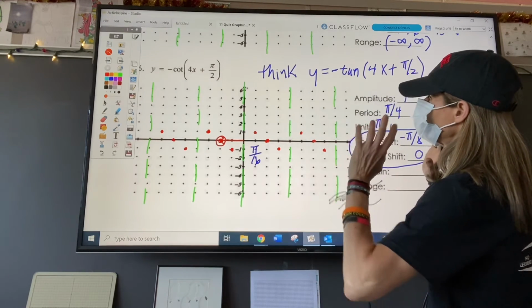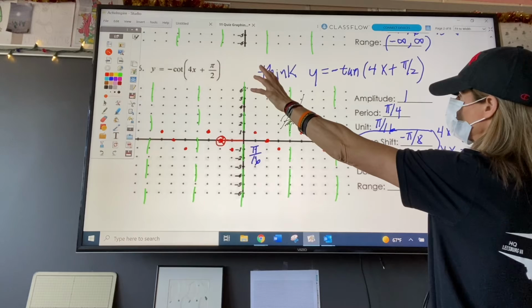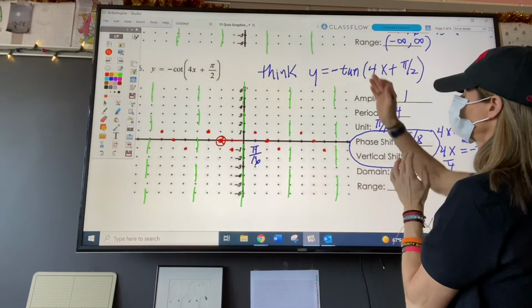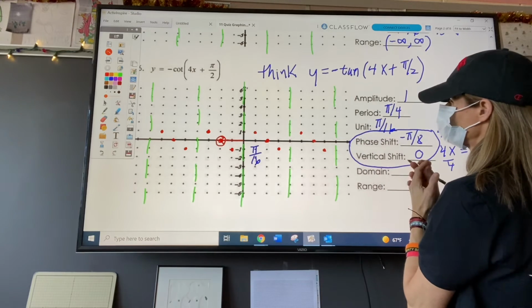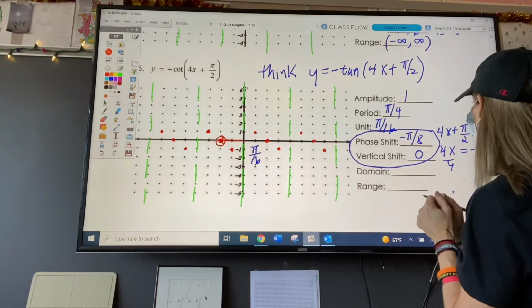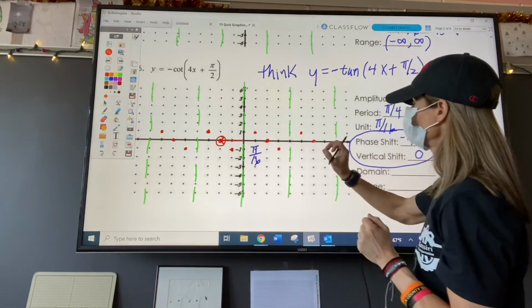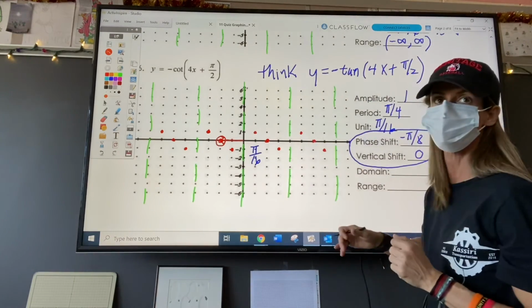However, we're actually graphing negative cotangent. I think it's more difficult to draw the graph of negative tangent in, so I choose not to do that. I am going to now change the asymptotes to zeros and the zeros to asymptotes.